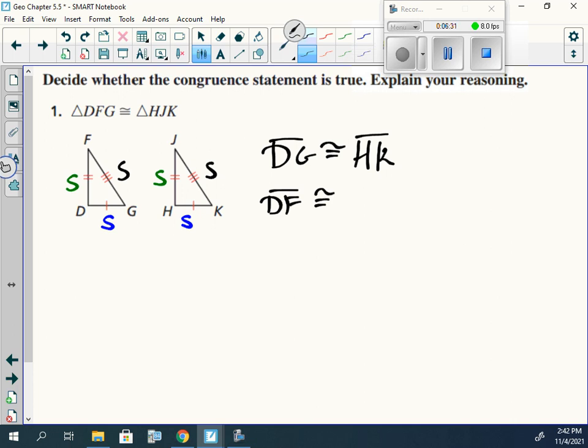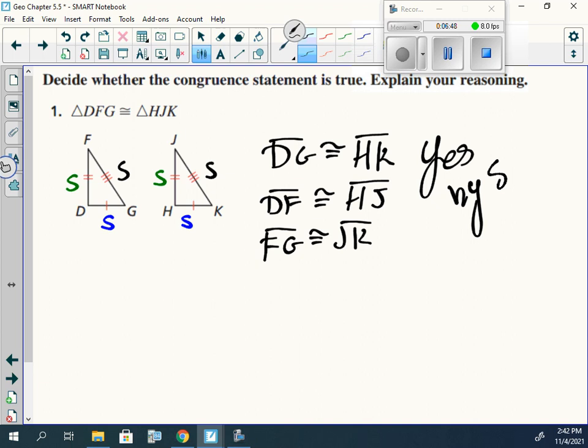DF is congruent to HJ. And FG would be congruent to JK. Yes. Side, side, side. Questions on this here? Okay.